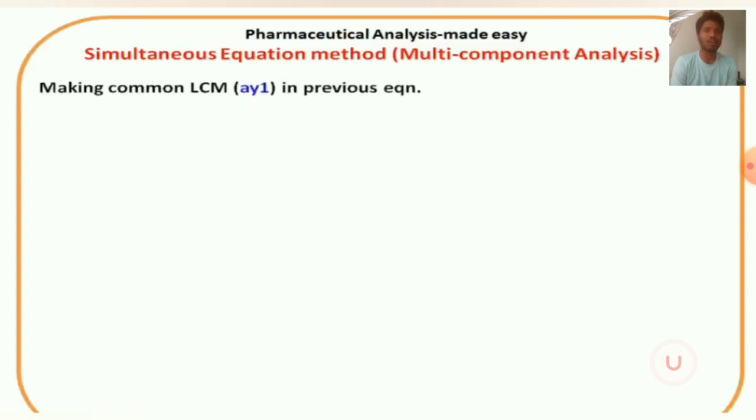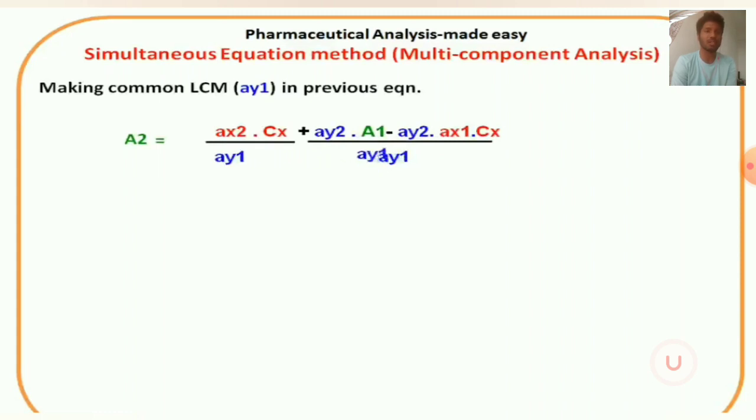Now taking the common LCM of AY1 in the previous equation, A2 is equal to AX2 into Cx plus AY2 into A1 minus AY2 into AX1 into Cx.